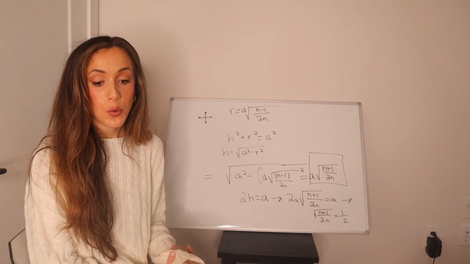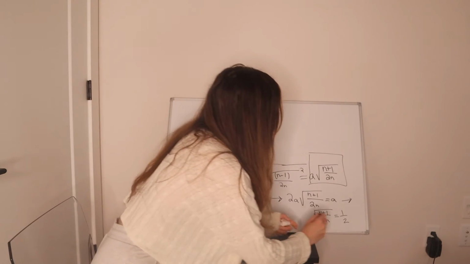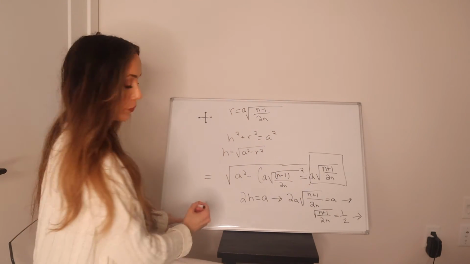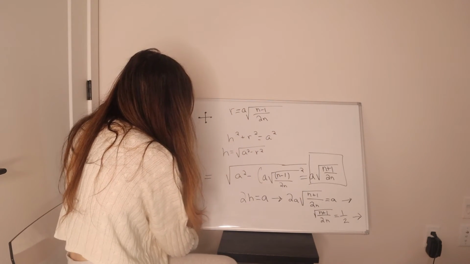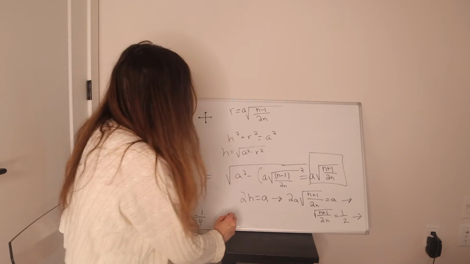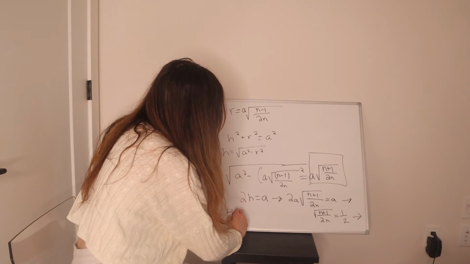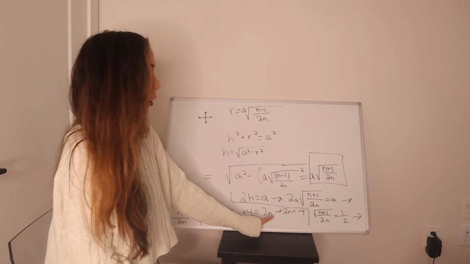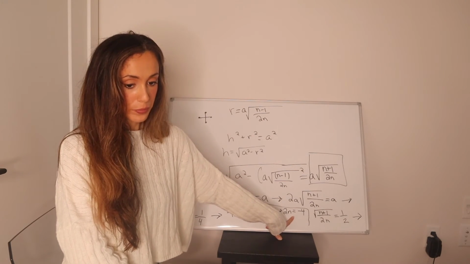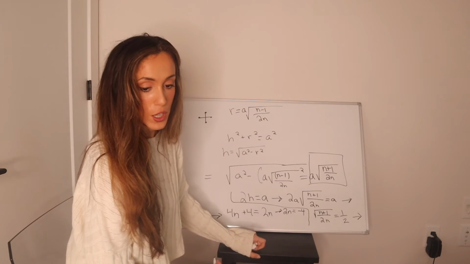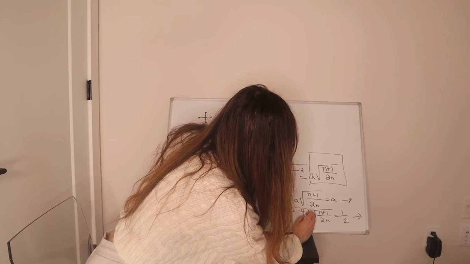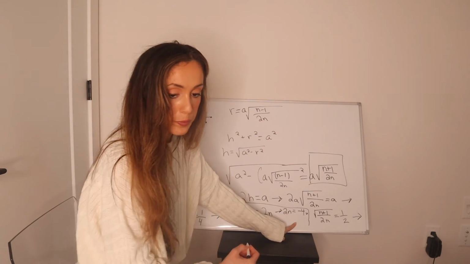Now we're going to square both sides. I'm just continuing over here. Now we're going to cross multiply. We're going to combine like terms and move the 4 to the other side. And now we're going to divide both sides by 2. And that brings us down here.